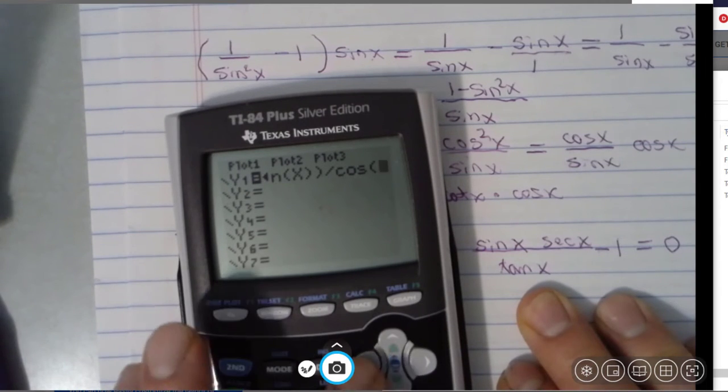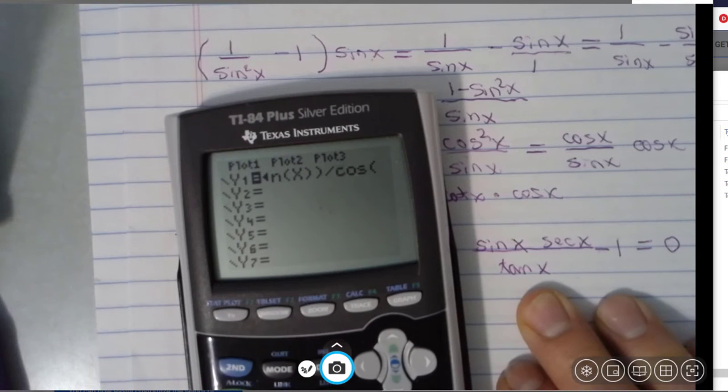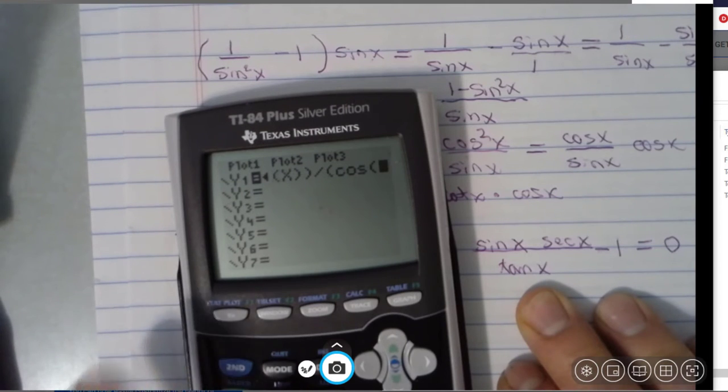Cosine of x, I am probably going to be safer to use an extra parenthesis here. Actually, I think I absolutely need to. Cosine of x times the tangent of x. So I've got to close all those up.